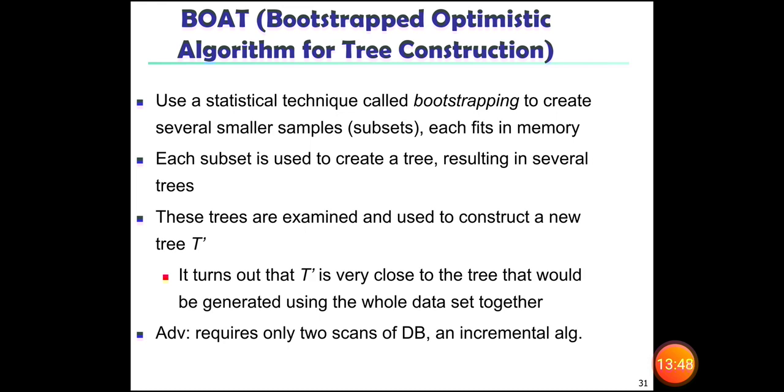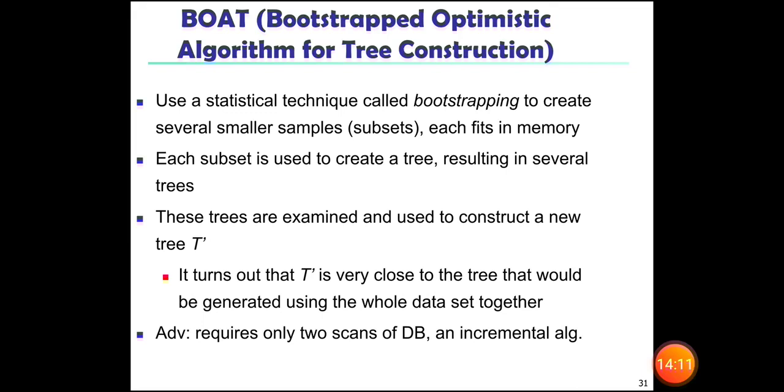When we create several smaller samples, we have to ensure that they fit into memory. By using BOAT, it is possible to fit all the samples into memory. Each subset is used to create a tree, resulting in several trees.